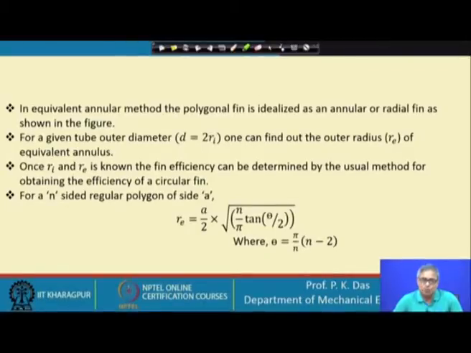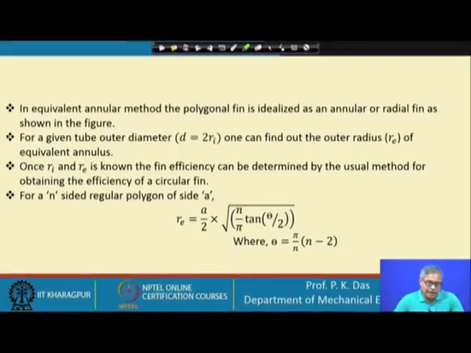But so far, I can suggest that the fin efficiency curves are available. Knowing the geometry of the fin and the other thermogeometric parameter m, which we have already defined, one can determine the efficiency of the fin, be it a longitudinal fin or a circular fin.